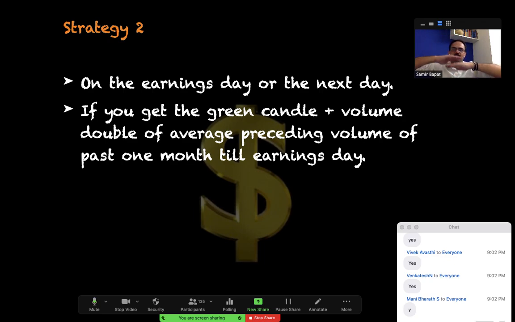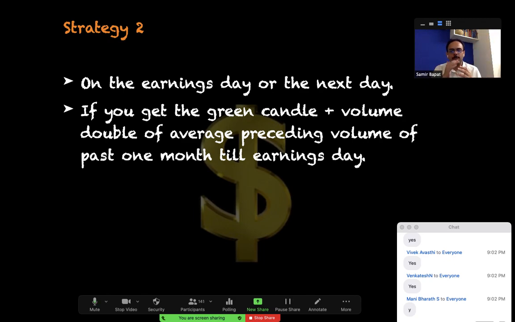Market hours in India are from 9:15 to 3:30, but the company may choose to present its results in the afternoon, or maybe in the evening. So they may or may not present during market hours on the earnings day. So whatever reaction has to come from that earnings day result will come the next day.